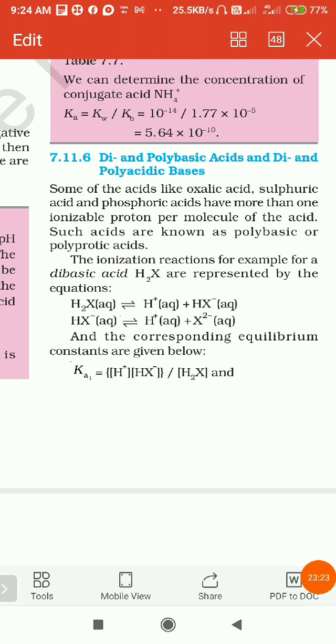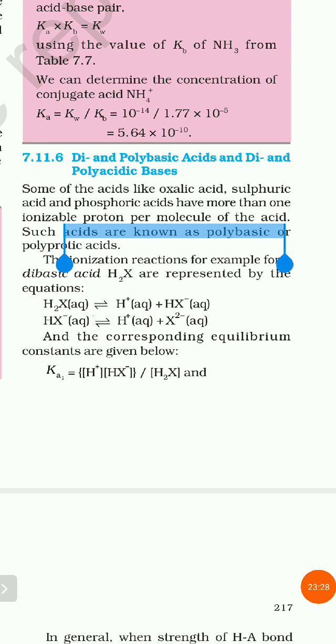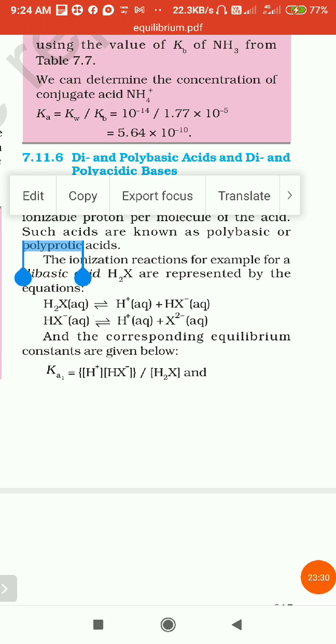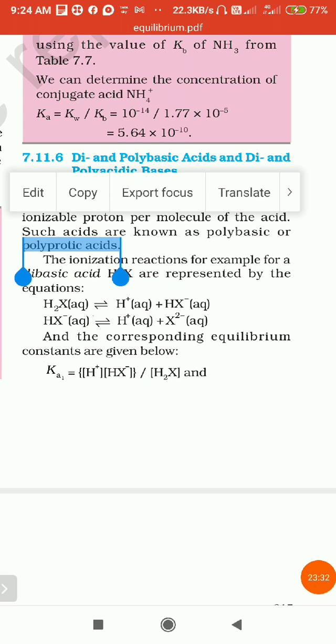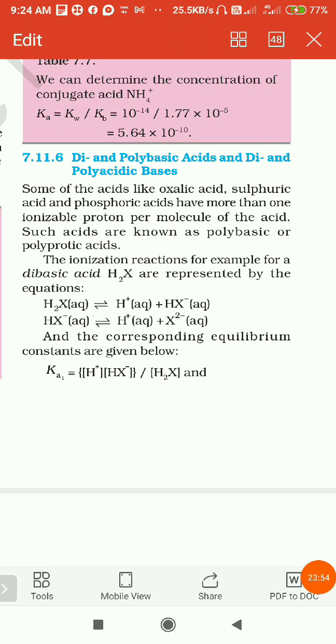Such acids are known as polybasic or polyprotic acids. Some acids have more than one proton present, and producing more than one H plus ion is what we call polybasic or polyprotic acids. Let us see some examples.